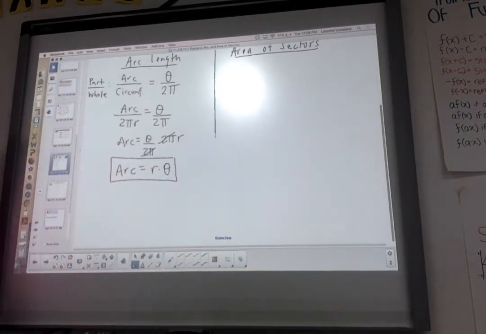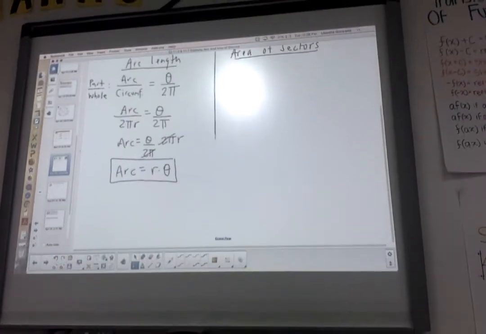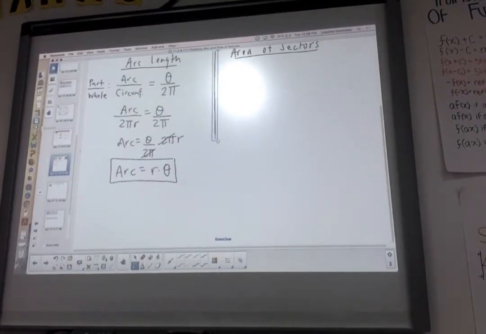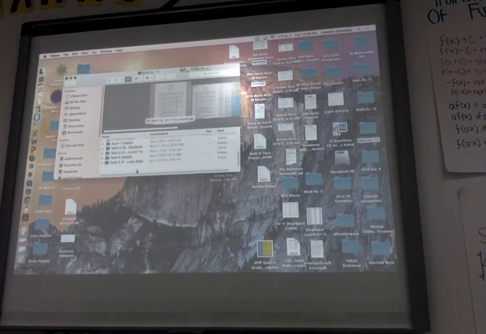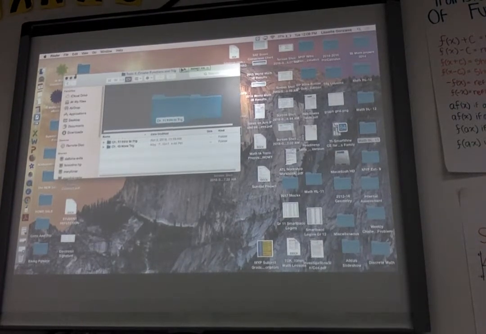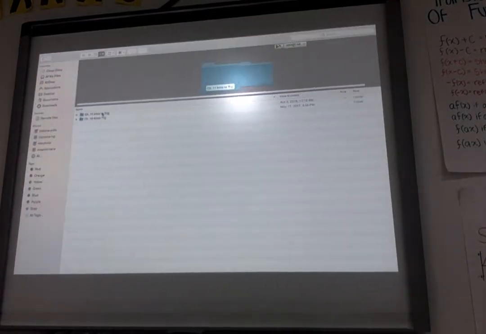Do you guys remember coming up with this formula? Yes. No. Okay, look, I'll refresh your memory. When I first introduced you radius, you actually came up with it.